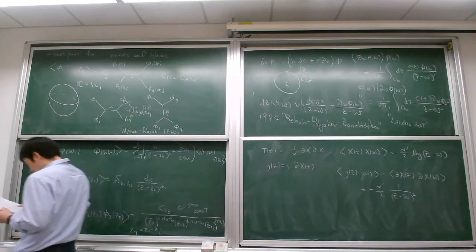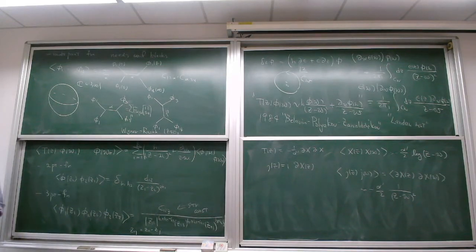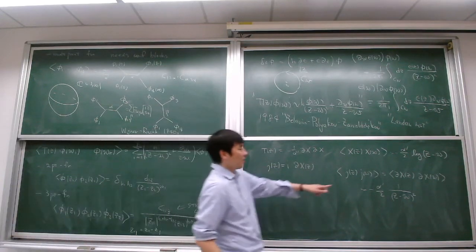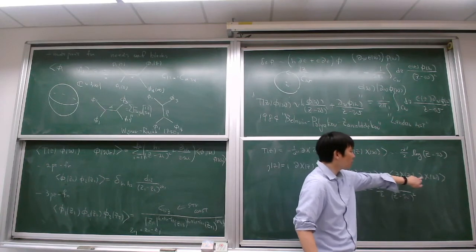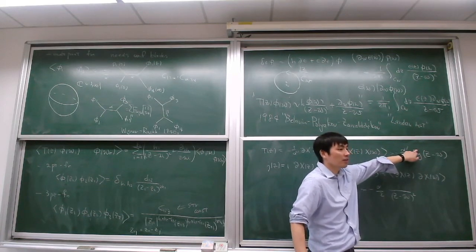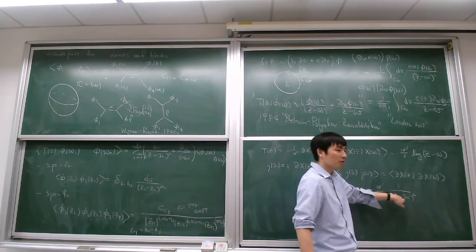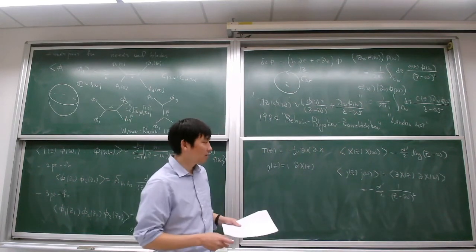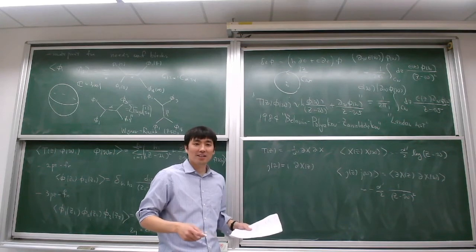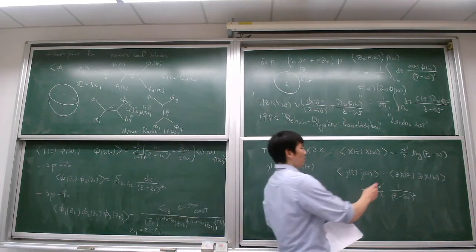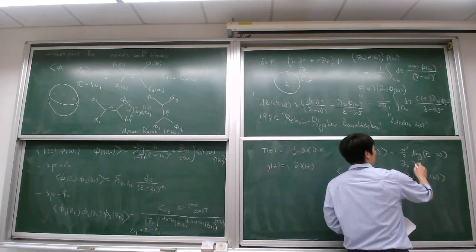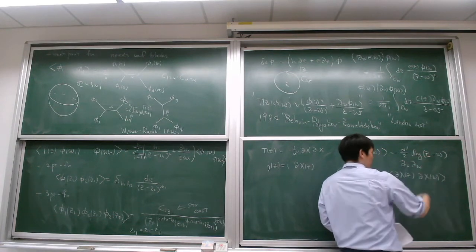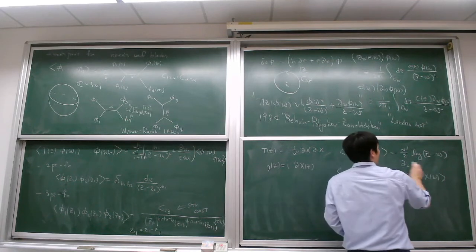This is just applying the holomorphic derivative twice on here. Then you get 1 over z squared, right? I'm doing a very simple thing. Apply partial z and partial w in here, and you get this one.